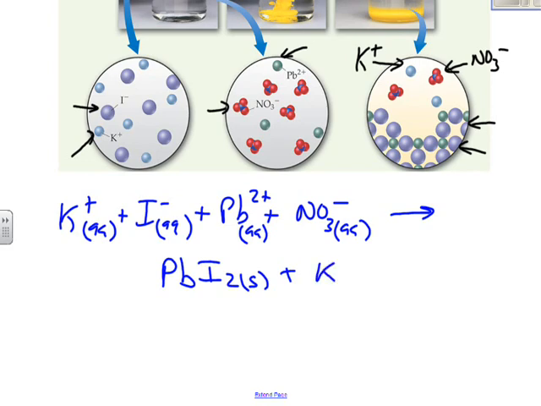And again, as I mentioned before, the potassium ion remains unchanged, as does the nitrate ion. Okay, and then we want to balance the equation, balancing both charge and number of atoms on each side. So this would be known as the total ionic equation.